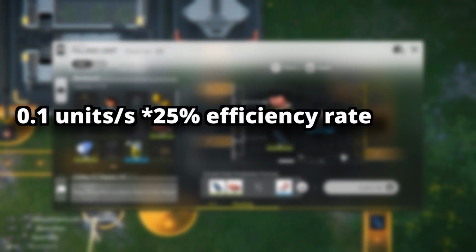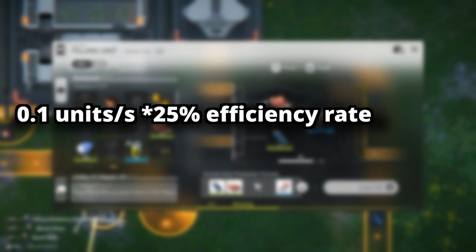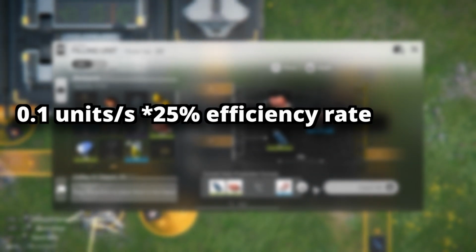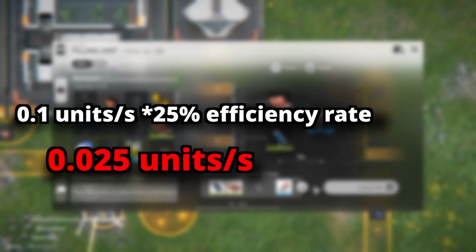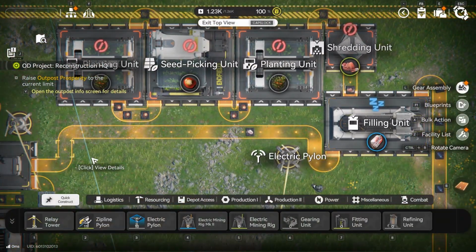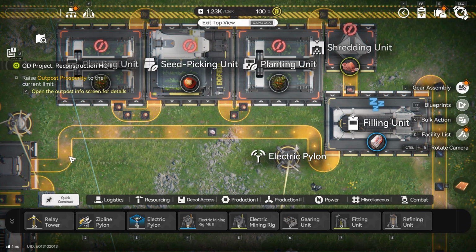But because of the bottleneck that we currently have, 25% efficiency also translates to the output, which means that currently our filling unit is outputting 0.025 units per second, which is, as you can see, way less than what our conveyor belt is capable of.